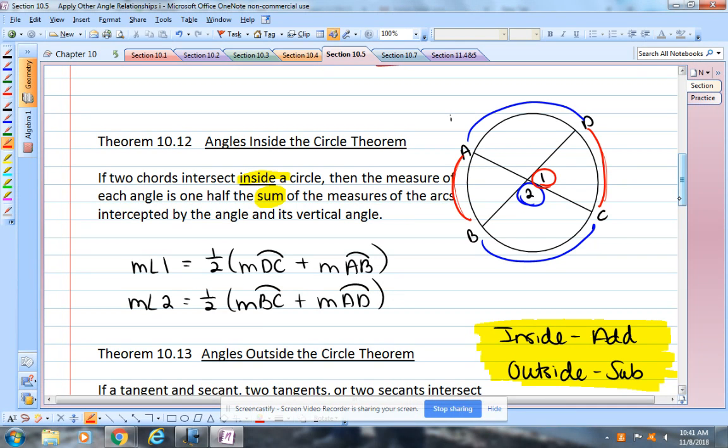I kind of color coded my picture of my circle there. So the reds go together and the blues go together.